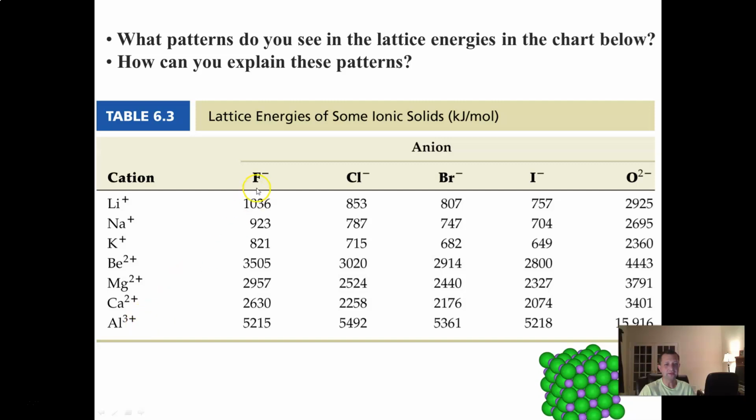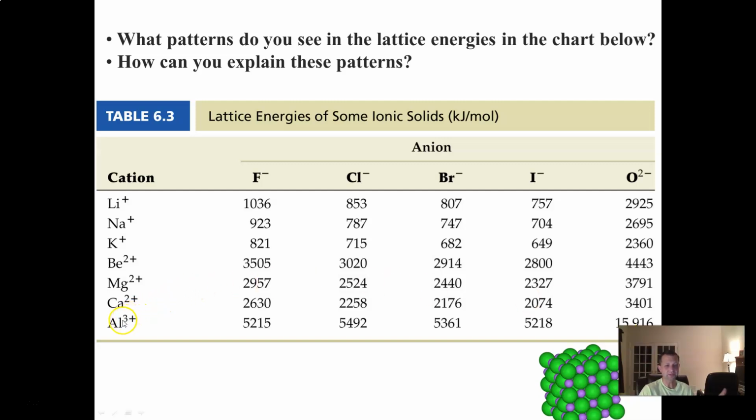Aluminum fluoride has a lattice energy of 5,215. So when aluminum fluoride is created, it releases 5,215 kilojoules per mole. But when aluminum oxide is created, it releases 15,916. It's a big difference.